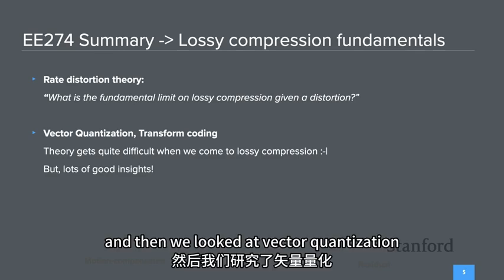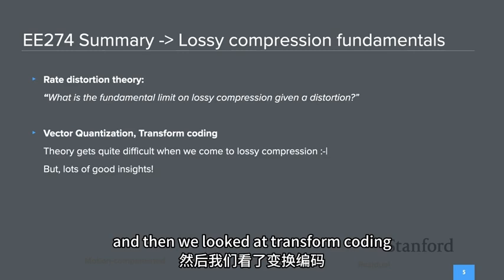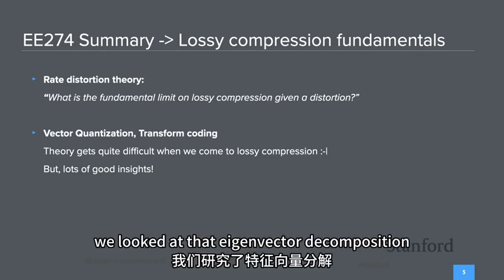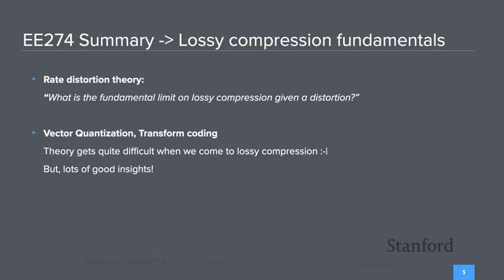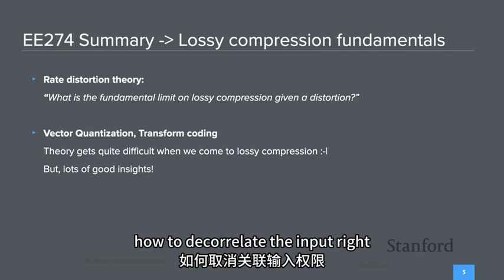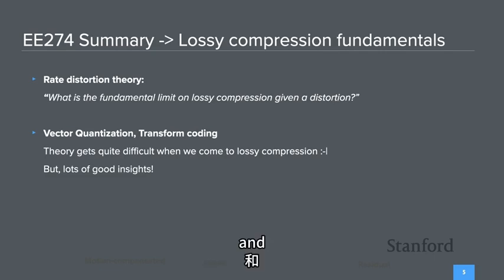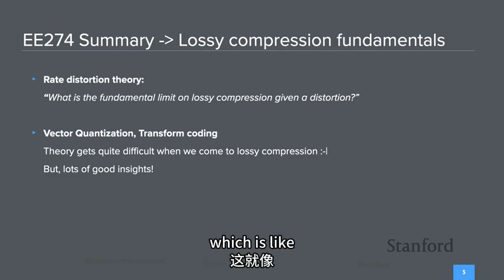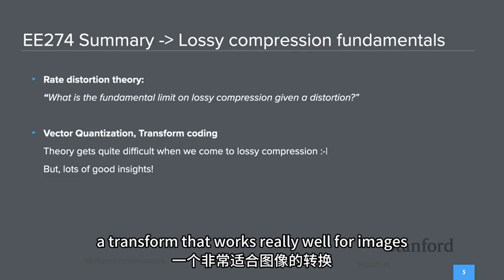Then we looked at vector quantization, and then transform coding based on the intuition from eigenvector decomposition, trying to understand how to decorrelate the input. And we learned about DCT, a transform that works really well for images.